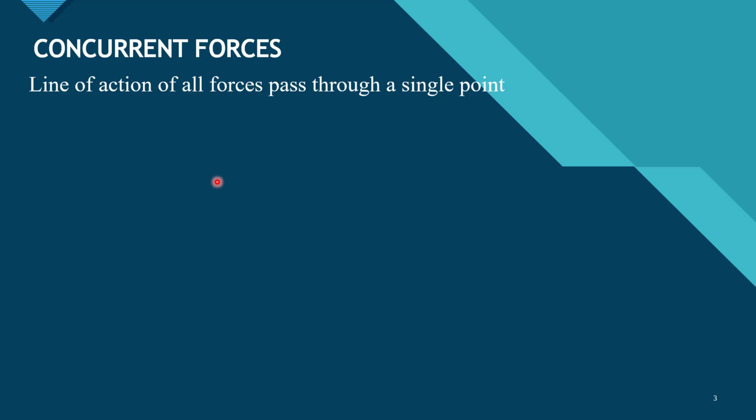So, concurrent forces means the line of action of all the forces pass through a single point. Now, here you can see three forces acting on a plane. They are F1, F2 and F3. Now here I am going to draw the line of action of force F1. So this denotes the line of action of force F1.